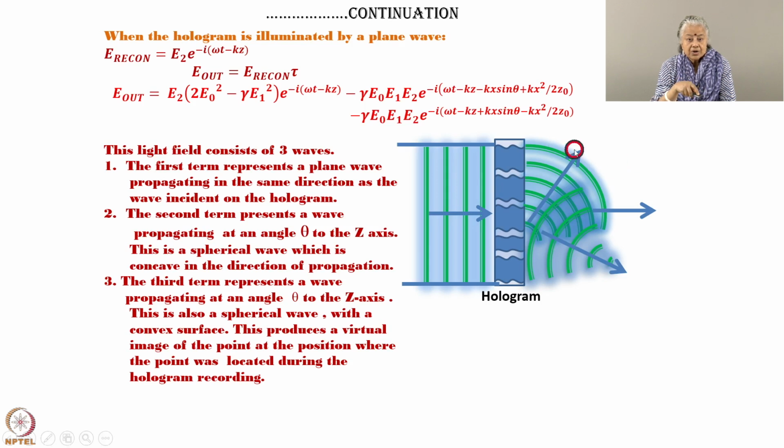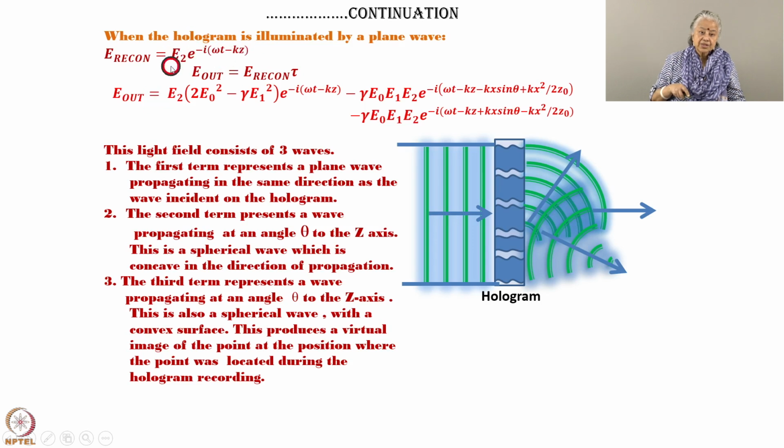So, when the hologram is illuminated by a plane wave, this is my hologram which I recorded in the previous slide, and this is my plane wave front which is coming through. E reconstruction is again just as before, E2 e to the power minus i(omega t minus kz).